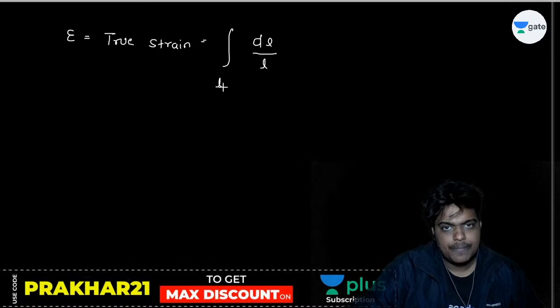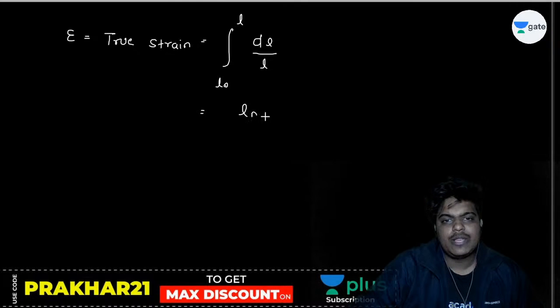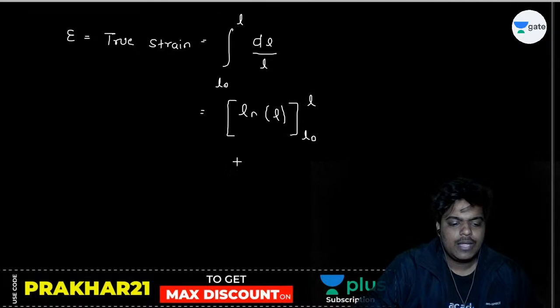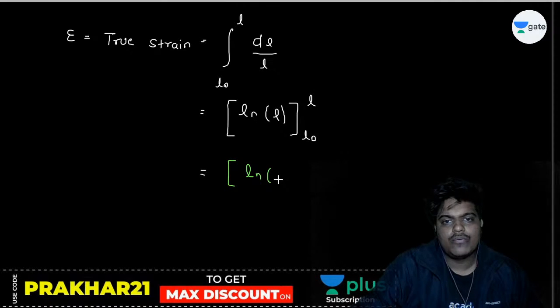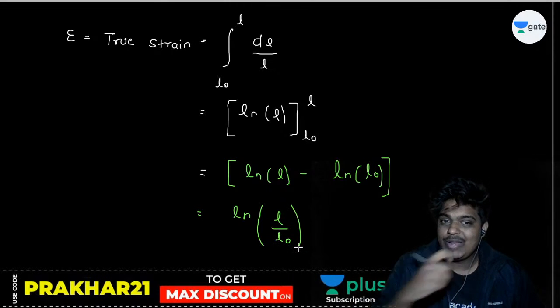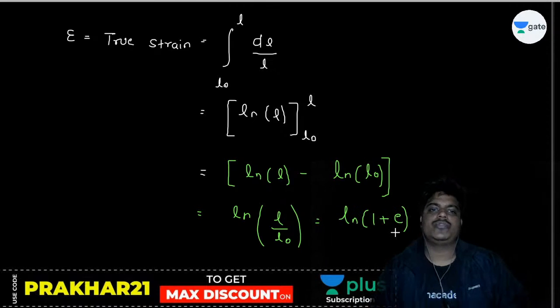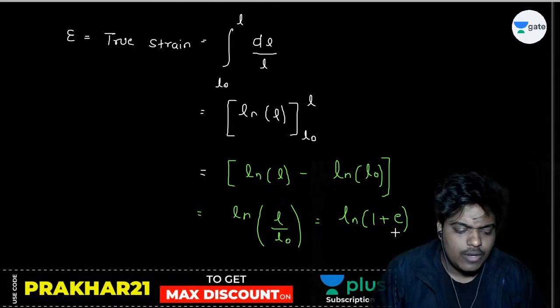L naught to L, what will be this value? Log of L naught to L. Log of L minus log of L naught, is it clear? That is log of L divided by L naught, और अभी हमने वैल्यू निकाली थी, what do you mean by L by L naught? Log of 1 plus engineering strain. So true strain is equal to log of 1 plus engineering strain.